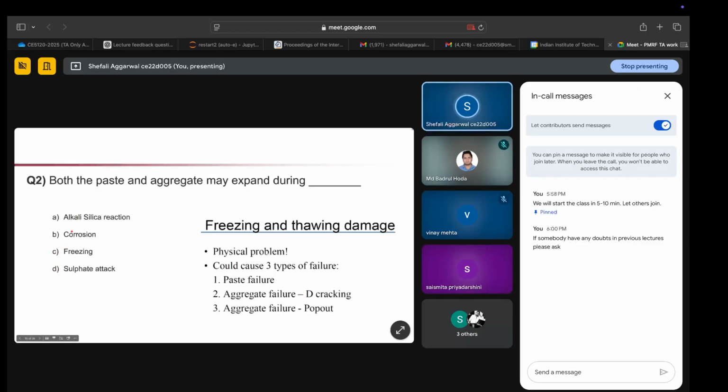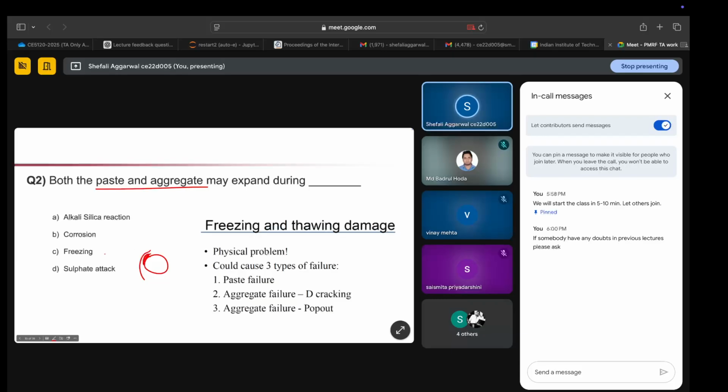Why? Because in alkali silica reaction, where is your reaction happening? It is happening actually at the interface of your aggregate and paste. Let's say if this is your aggregate, it will happen at the interface at this point. So in this case only your paste part is being expanded, not your aggregate part. What we are asking is when both paste and aggregates are expanded.